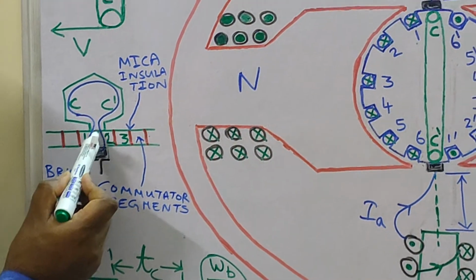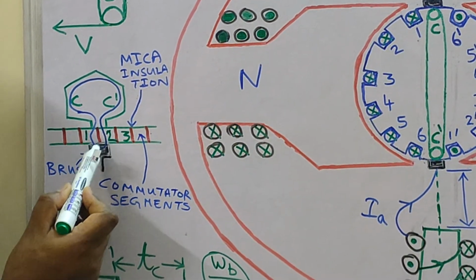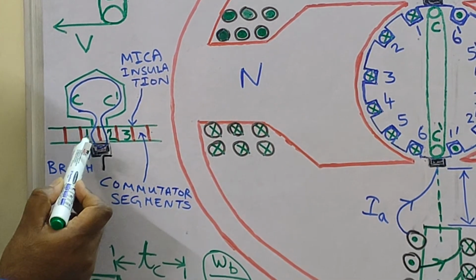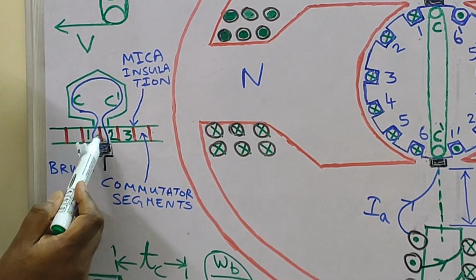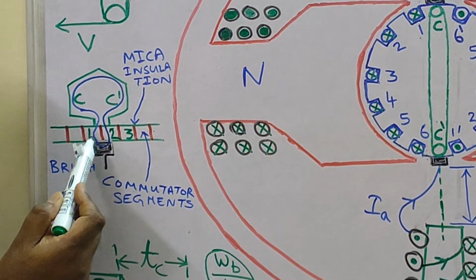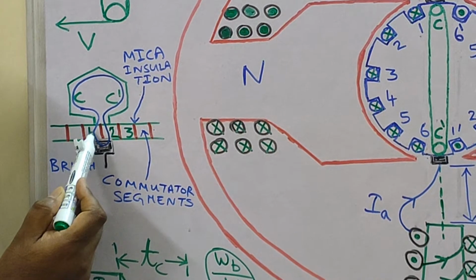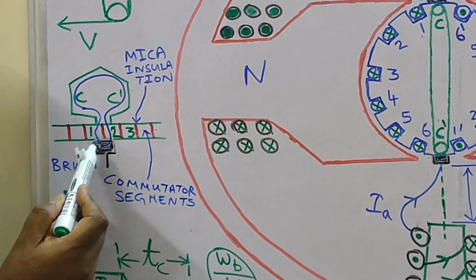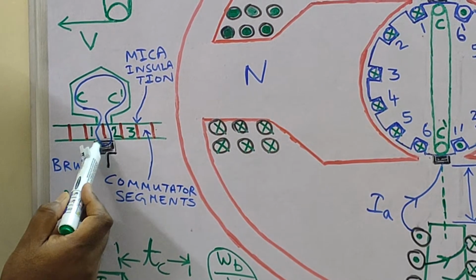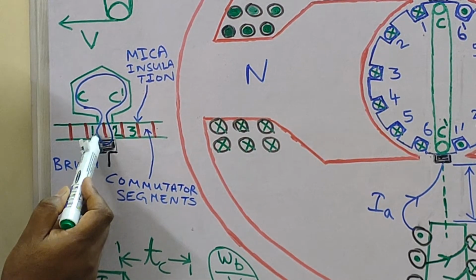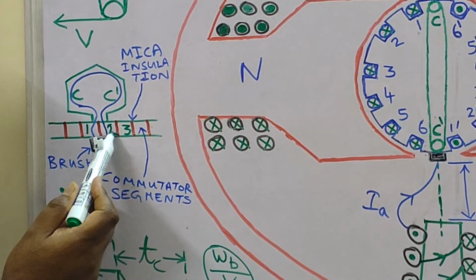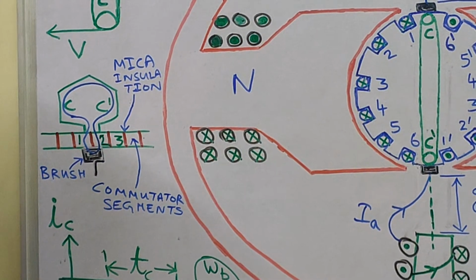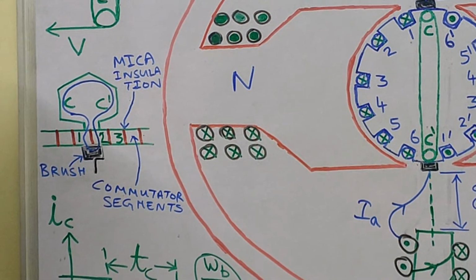You see, this red line between commutator segment 1 and 2 indicates the mica insulation. So current cannot pass from commutator segment 1 to 2. However, when the brush is in contact with a portion of commutator segment 1 and a portion of commutator segment 2, you can expect that current will take up this path which is indicated by this blue line.